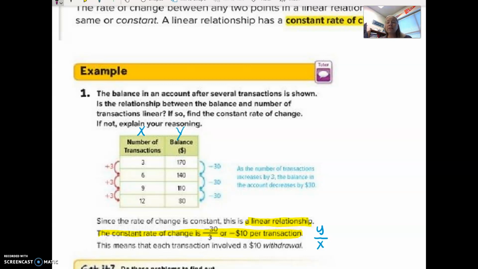So when you look at examples, either in a table or in a graph, we're looking for that linear relationship. If it has a linear relationship, then we can write the constant rate of change as a fraction, y over x.